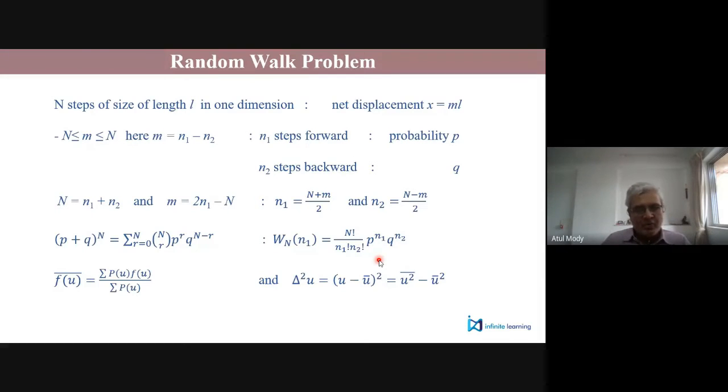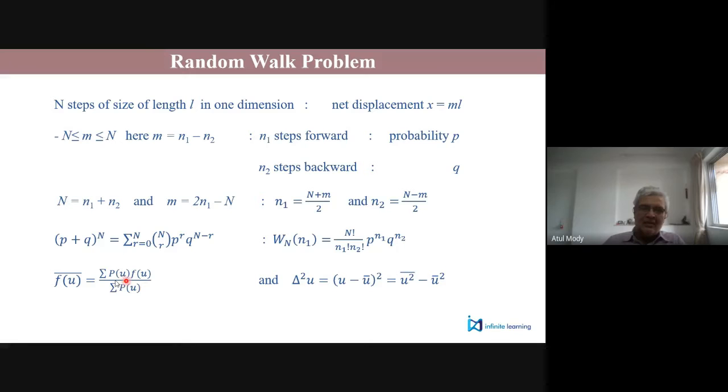So if I take that as my probability distribution, W(N1) as a probability distribution, then average of any function f of u, in statistics, is defined as summation of P(u) f(u) upon summation of P(u). This total probability is normally 1.